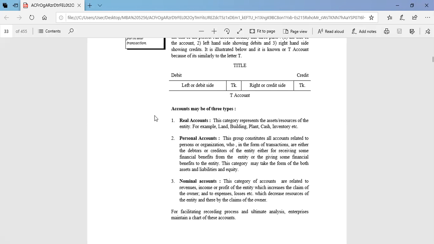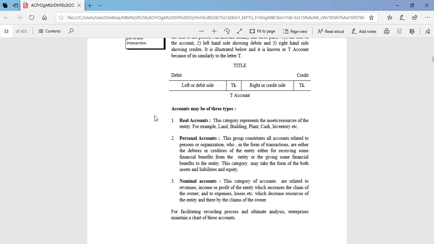That means one is the supplier, another is the receiver. One is the seller, another is the customer. So all those are persons. In accounting systems, those who are the receivers are called debtors, and those who are the senders are the creditors. So this is a type of account.